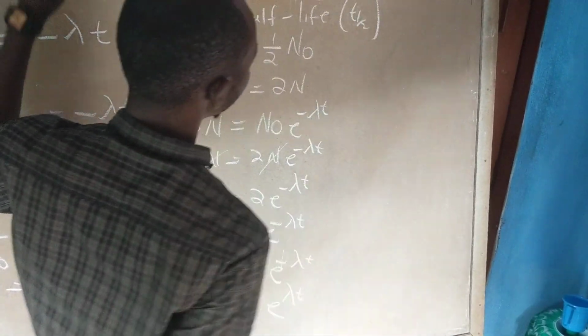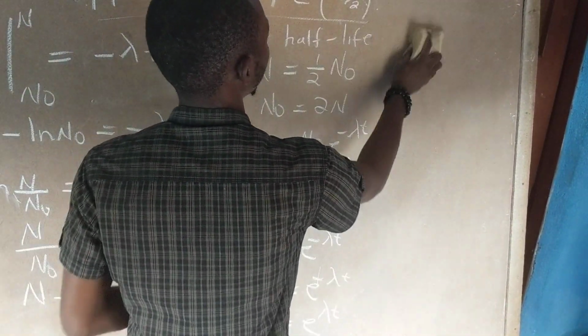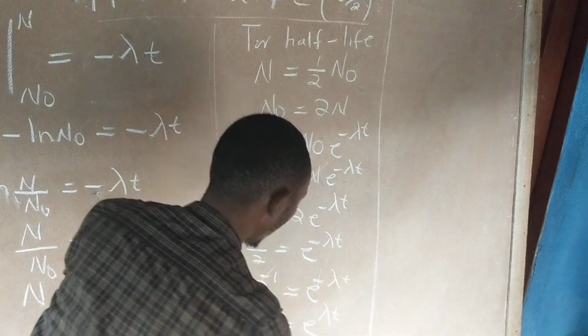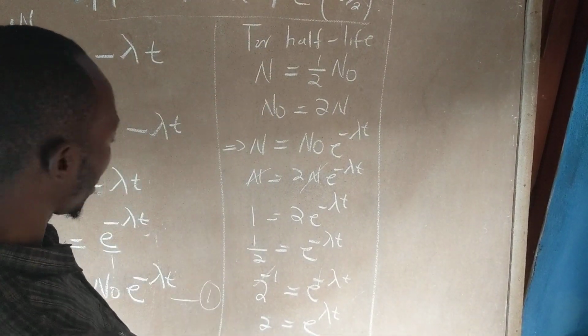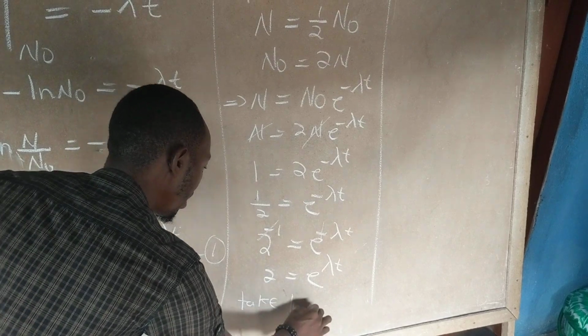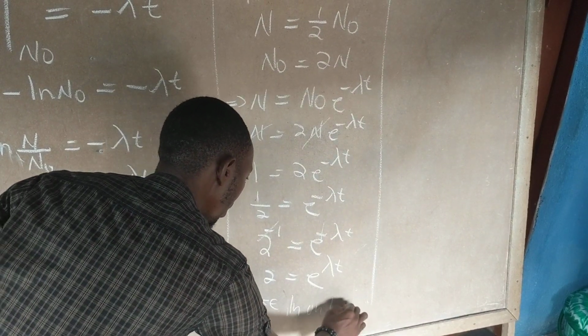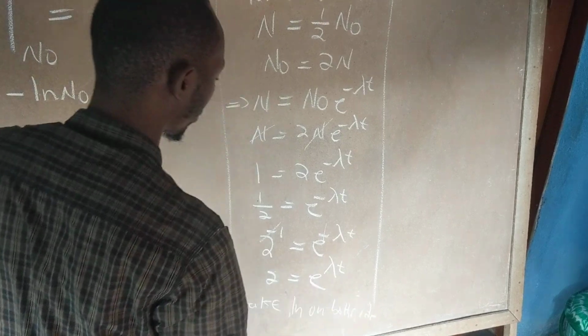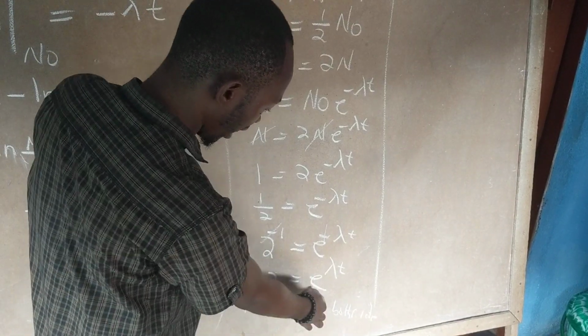So in another case, if we proceed here, we take ln on both sides. So if we take ln on both sides, it's going to be ln 2 and ln of this.